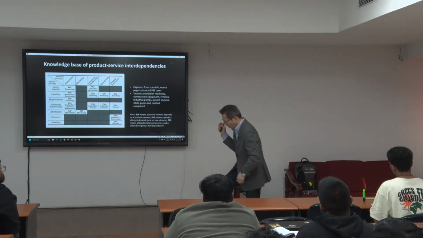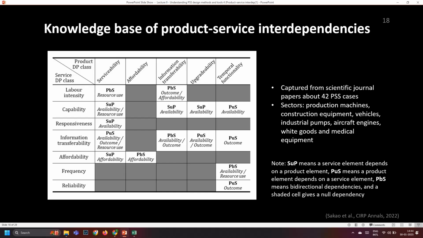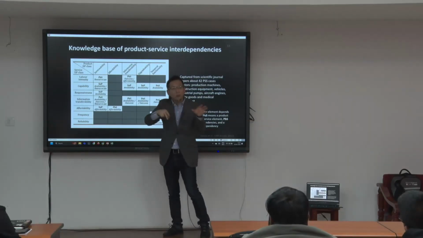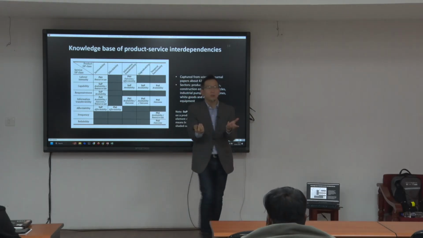So with this matrix, what unrealized service means is, let's say there is a PSS, and the product used in the PSS has an important feature that is information transferability.